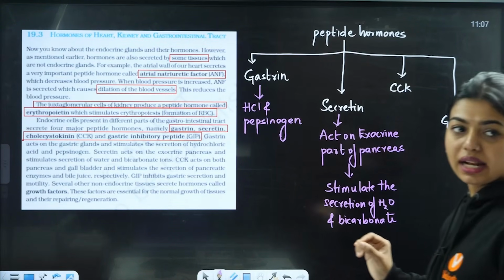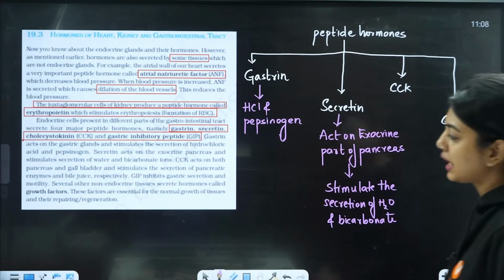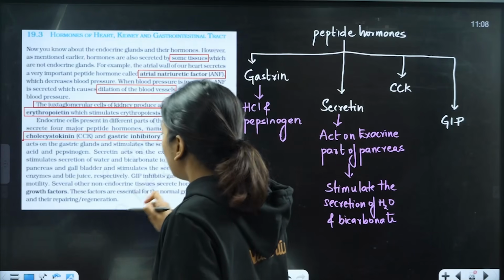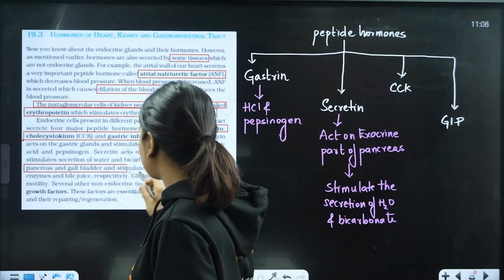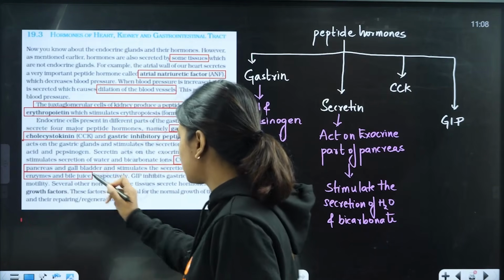CCK acts on the pancreas and gallbladder and stimulates the secretion of pancreatic enzymes and bile juice. So what does CCK do, students? It acts on both the pancreas as well as the gallbladder and stimulates the secretion of pancreatic enzymes and bile juice respectively.